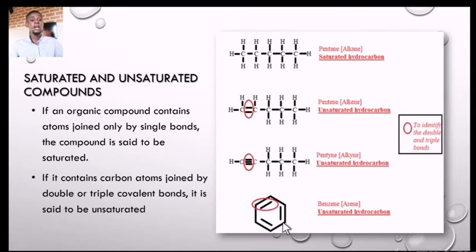In the case of this aromatic, remember in our last lesson I said I'm going to refer you to the term aromatic. So this is benzene, the structure of benzene, an aromatic hydrocarbon. It is referred to as unsaturated because there's a double bond. So it's as simple as that. If you see no double bond or triple bond, it is saturated, and if you see a double bond or a triple bond, it is an unsaturated hydrocarbon.